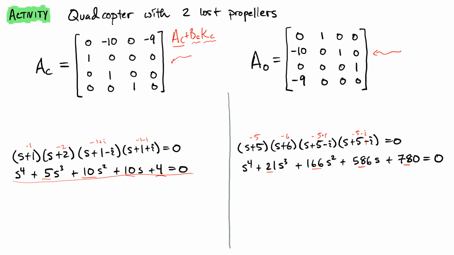And likewise, we're going to write down AO minus LO CO, where this is the A matrix of the observer canonical form, this is the C matrix of the observer canonical form, and this is the gain matrix in the observer canonical form for the estimator.